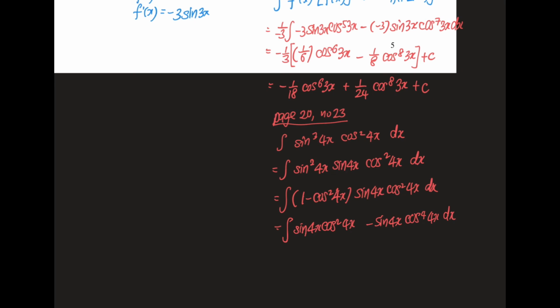Use the same formula like just now to integrate it. I know I need to have a negative 4 for both, so I divide by negative 4, and then I can put negative 4 here and at the back also.